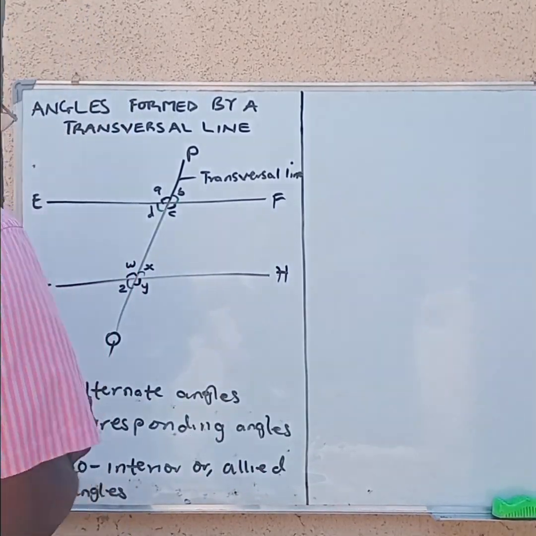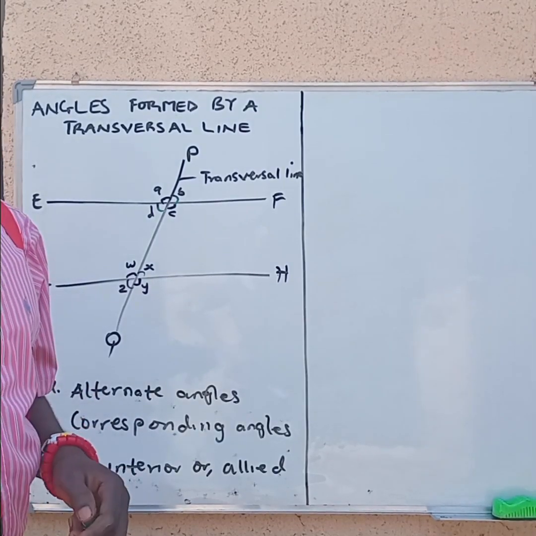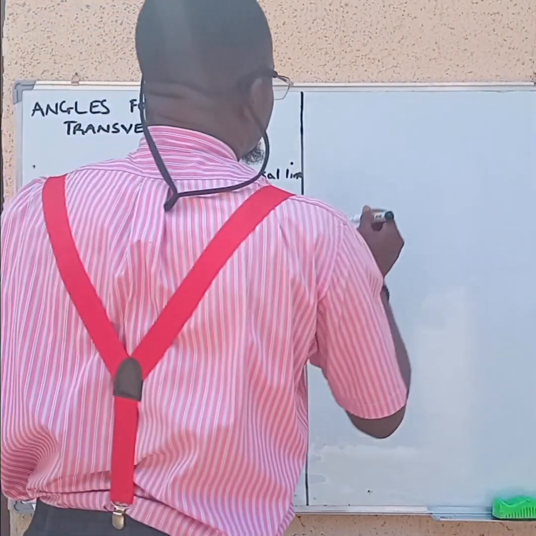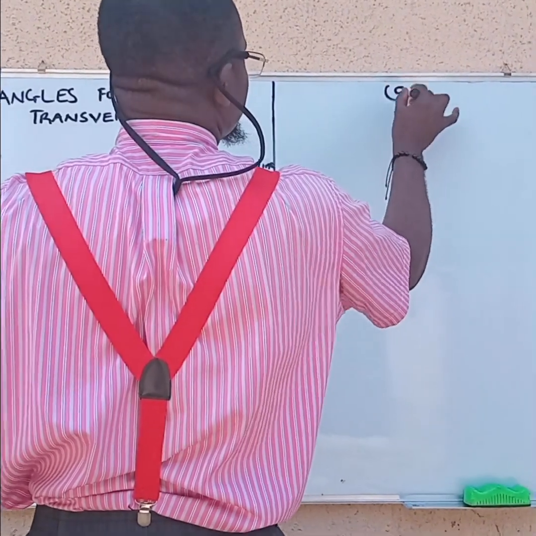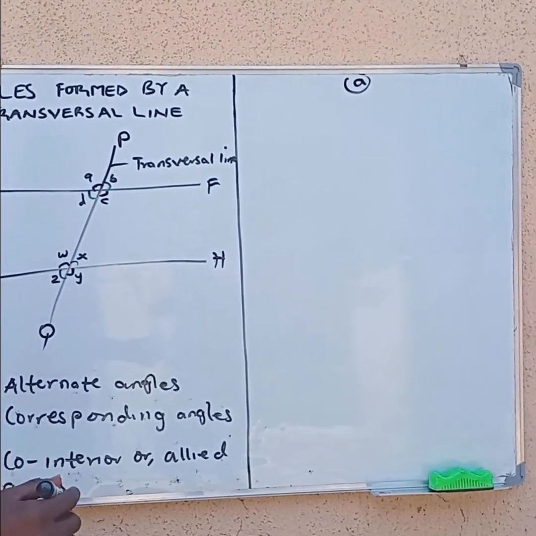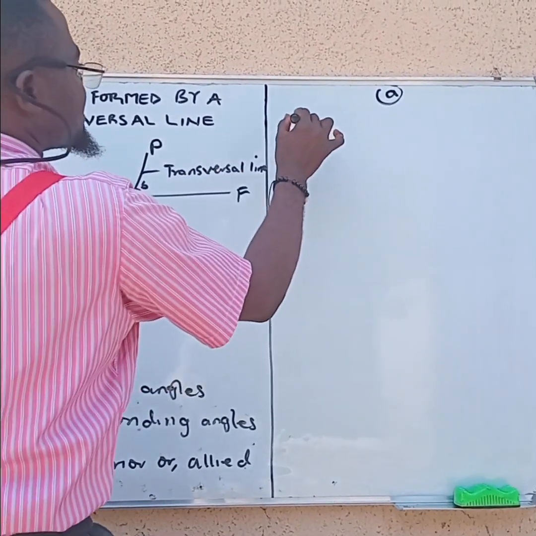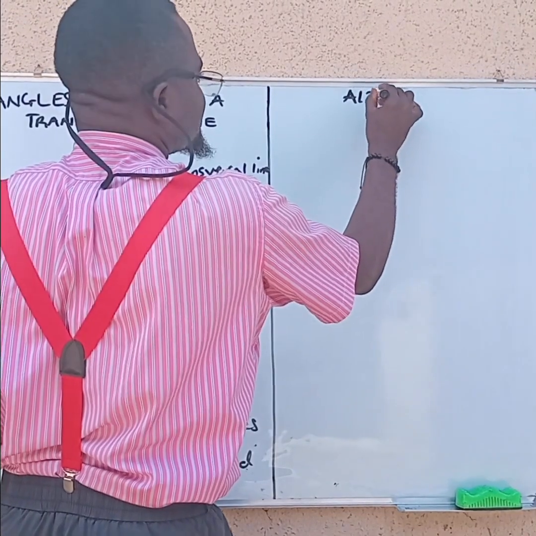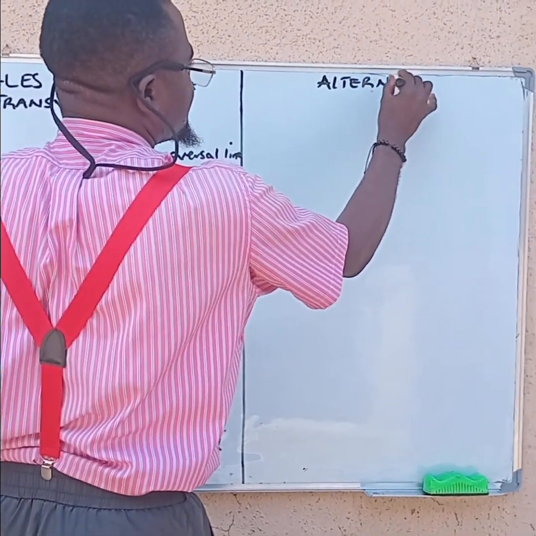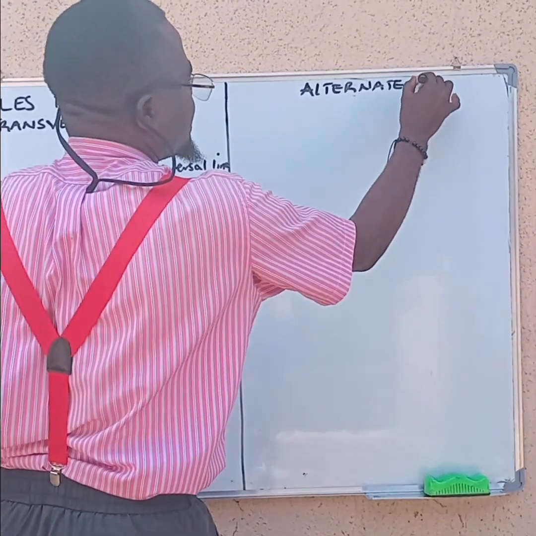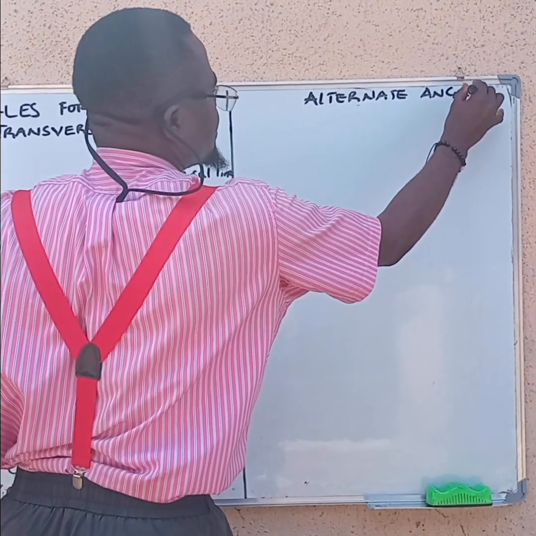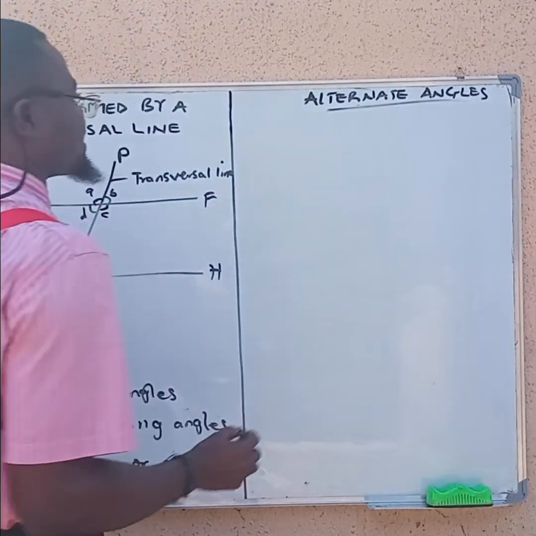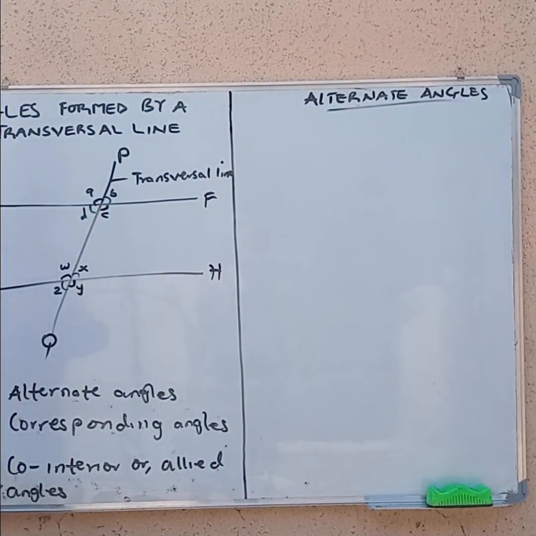Now, let's look at the alternate angles. We're treating A now, the alternate angles. If you look at it, you can see it yourself.